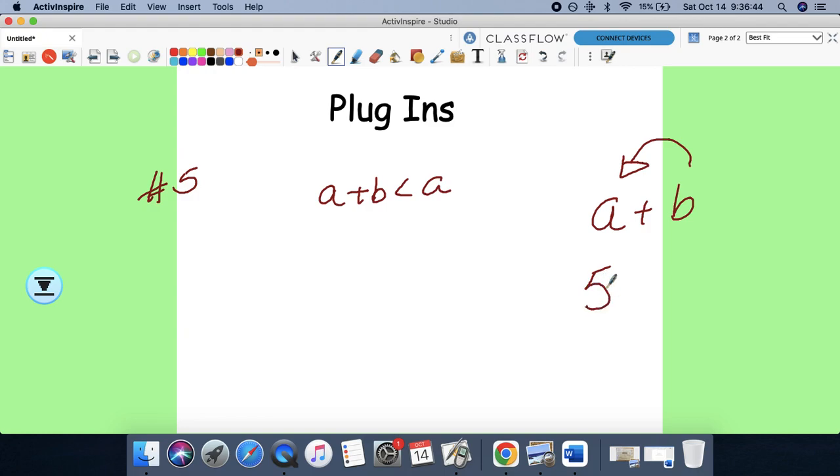So let's think about the number 5, and I'm adding something to this so that it ends up being less than 5. Does that make sense?